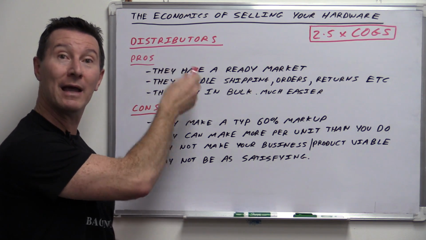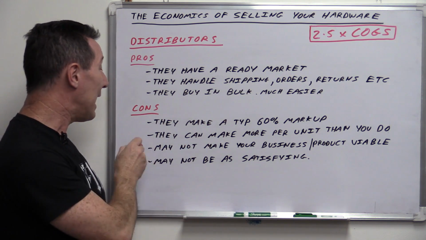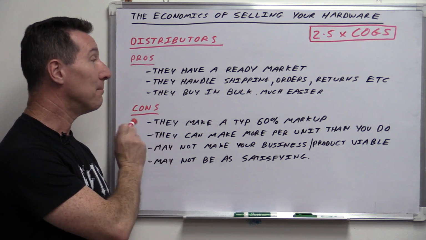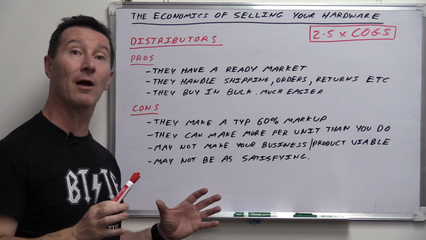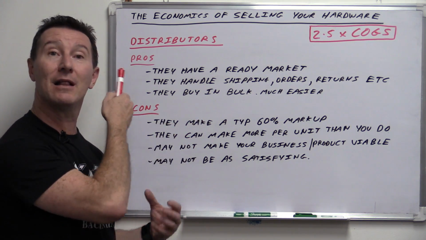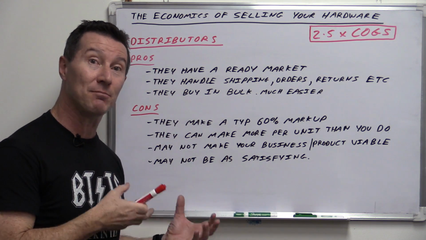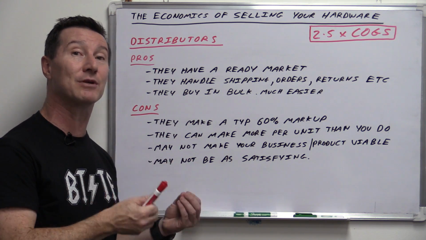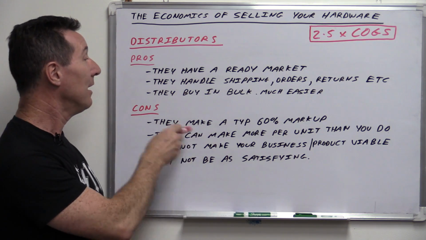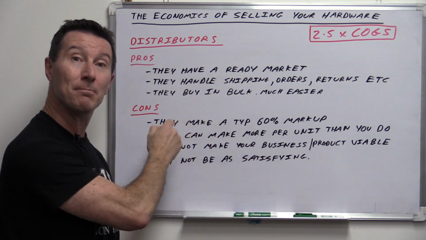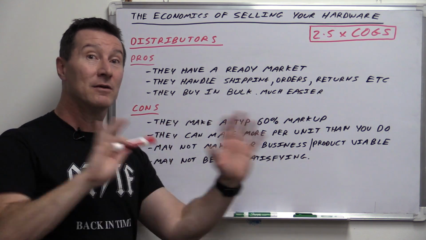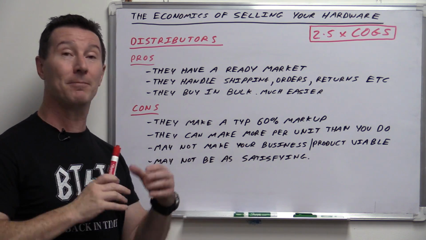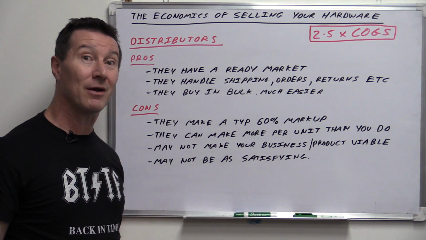You have to weigh it against the advantages and everything else. And it actually may not make your business or product viable at all. If you are selling into a cost-sensitive market, for example, you may not be able to have enough margin in there to account for the 60% markup of them, and the whole thing just may completely fall flat. You won't be able to feed yourself and you'll just go out of business.